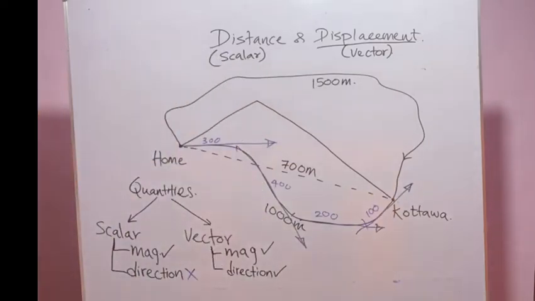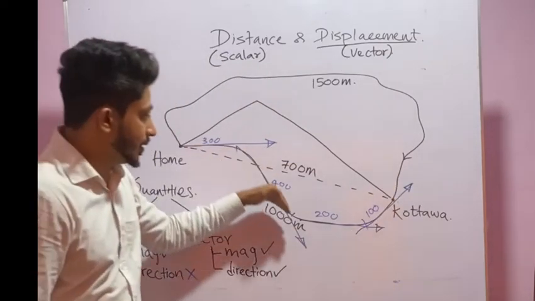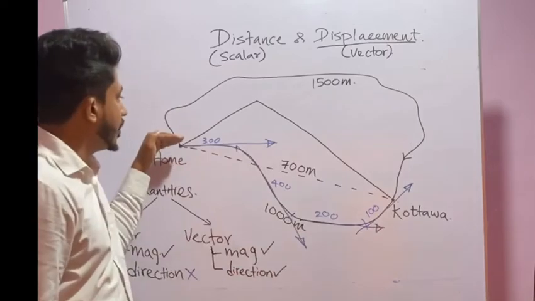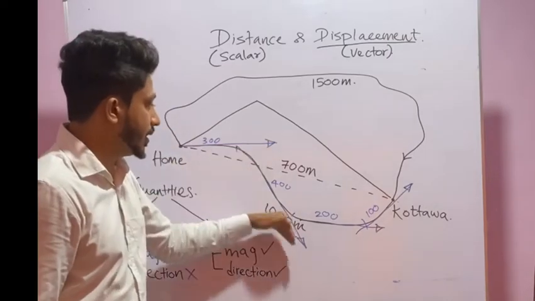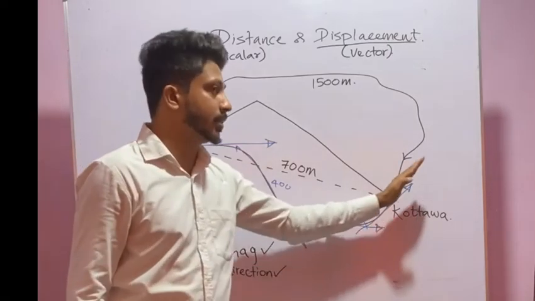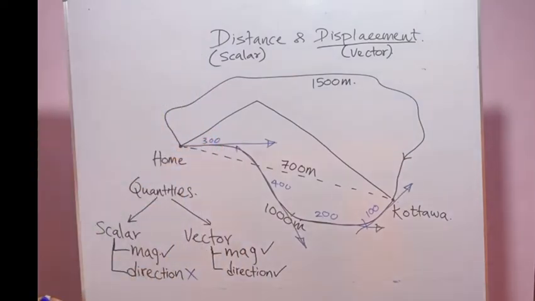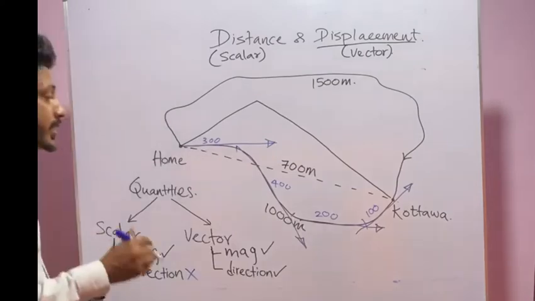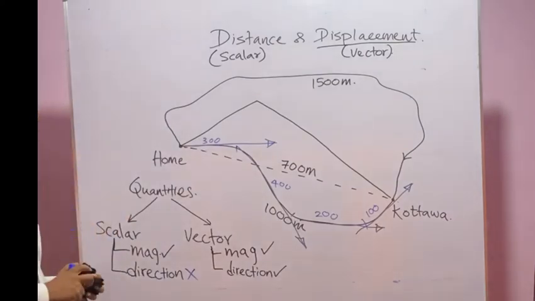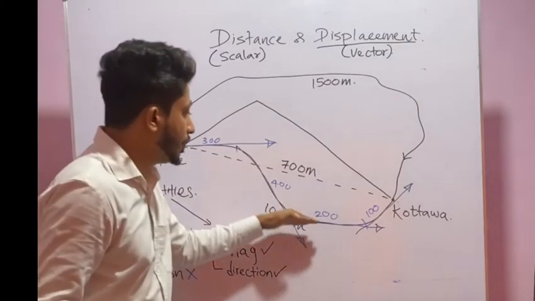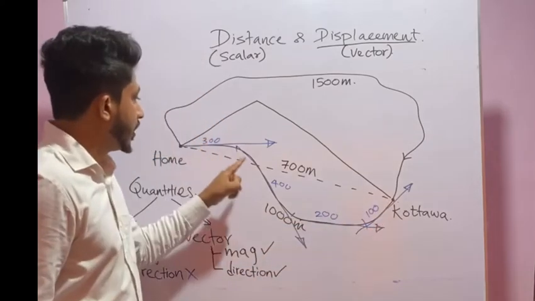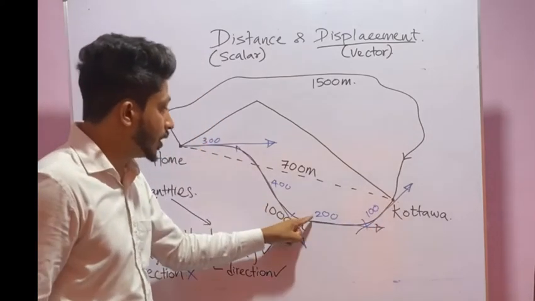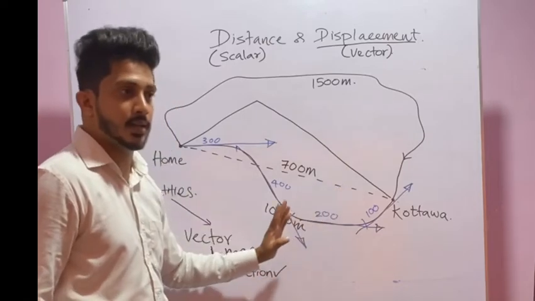Can you notice in distance I have traveled this direction, this direction, this direction, this direction. Although I have traveled several directions, what is the magnitude of this complete path? 300 plus 400 plus 200 plus 100.